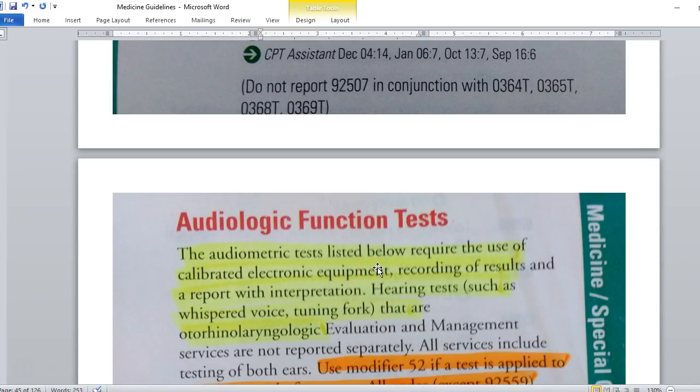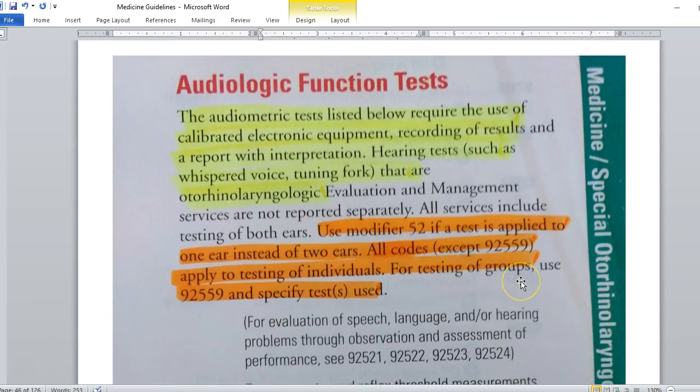The vestibular function tests are looking at the vestibule inside the ear. The audiologic function tests, again, these are audiometric tests, so we're testing the measurement of sound. Listed below require the use of calibrated electronic equipment, recording of results, and a report with interpretation.